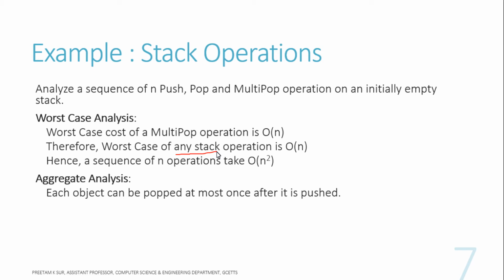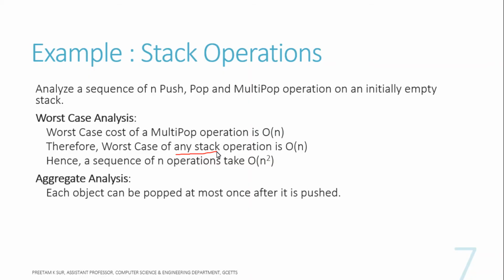You can only pop an element if it has been pushed. If it is not pushed, it is not in the stack, so you cannot pop it. But if it is in the stack, you have already pushed it, and you can pop it at most once, not more than once.